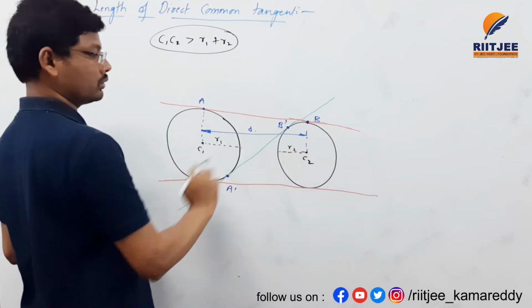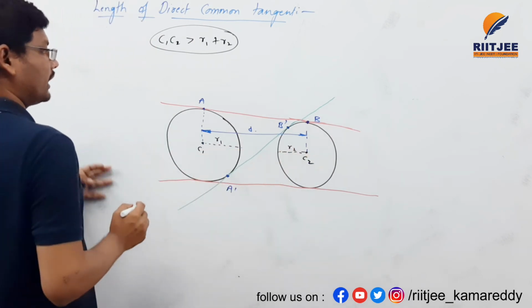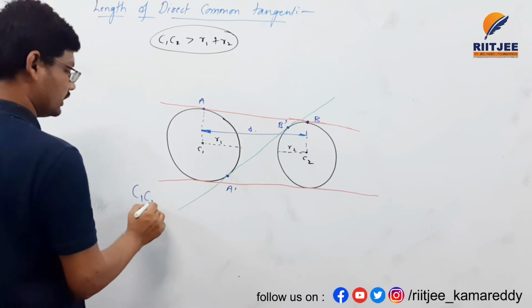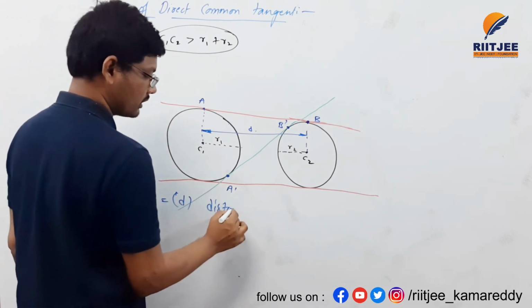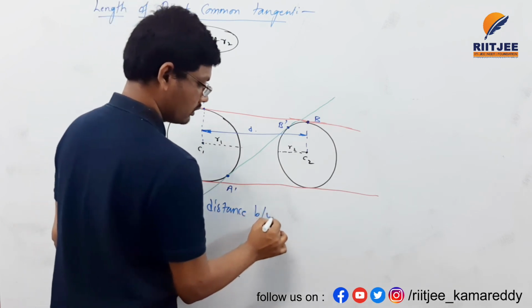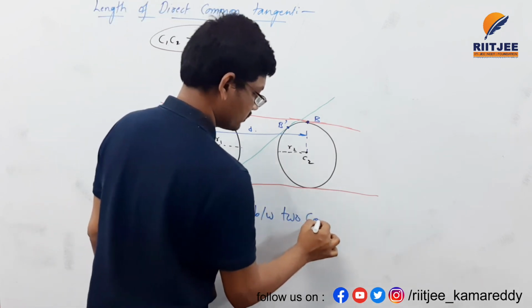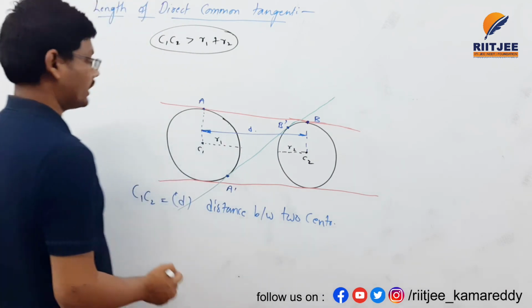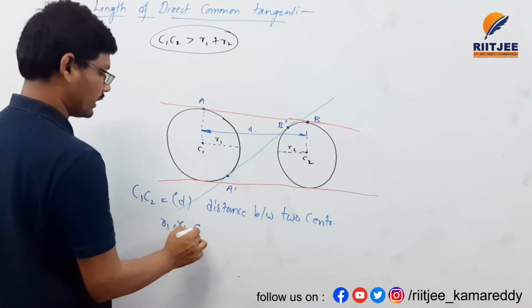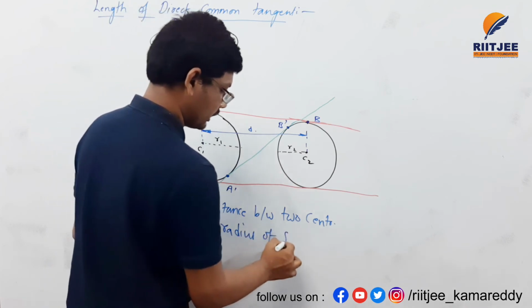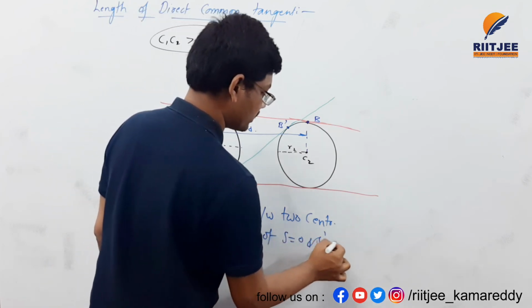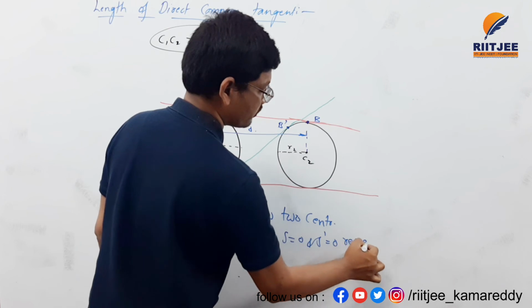The distance between the two centers, C1C2, is equal to D, and R1, R2 are the radii of S = 0 and S' = 0 respectively.